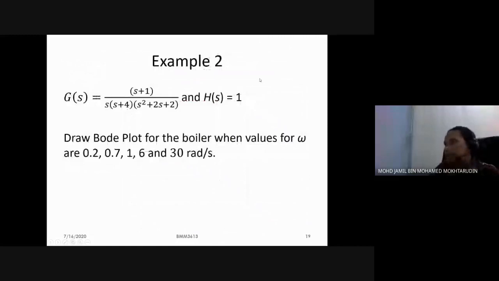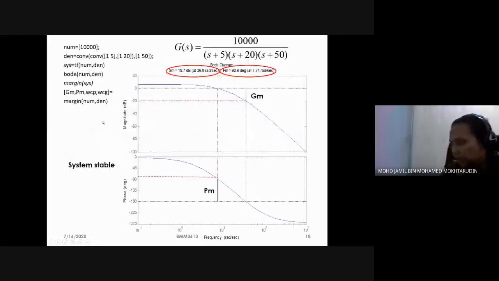So is the system stable? To determine stability, the phase margin frequency must be less than the gain margin frequency. If the phase margin frequency is less than the gain margin frequency, then the system is stable. So the frequency for phase margin is 7.74. Frequency for gain margin is 36.8. So the phase margin frequency is less than the gain margin frequency.